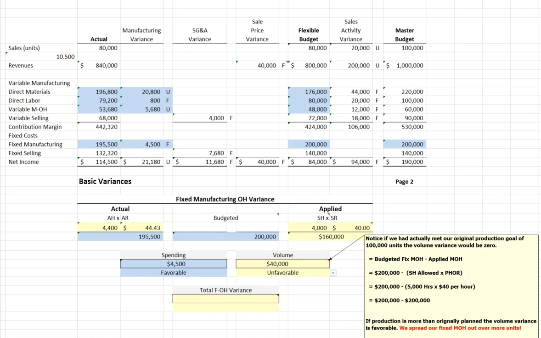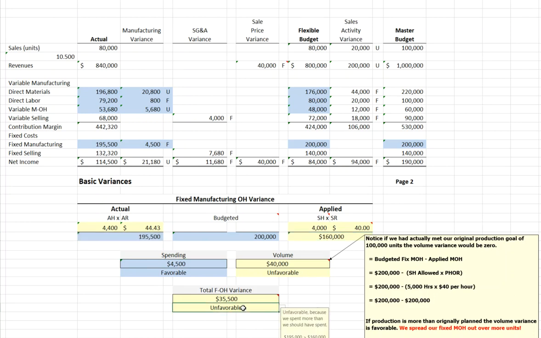Our total fixed manufacturing overhead variance then is a $4,500 favorable spending variance, a $40,000 unfavorable volume variance, for a total variance of $35,500. And this is unfavorable because we have spent more than we should have spent producing 80,000 units.